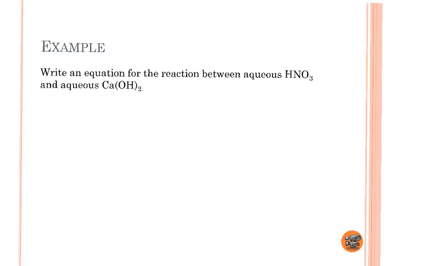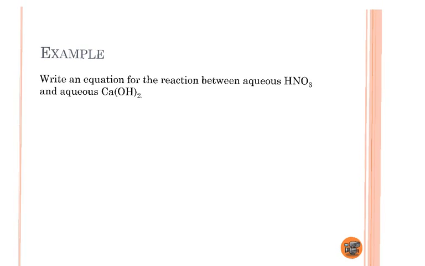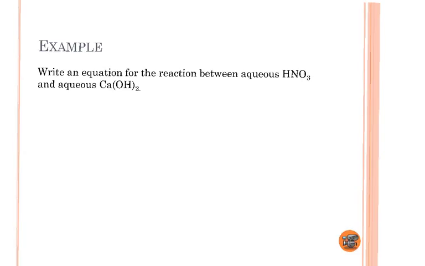Okay, so let us see how we have aqueous nitric acid and aqueous calcium hydroxide combined as an example of an acid-base neutralization reaction. So we write it as HNO3 aqueous plus calcium hydroxide.